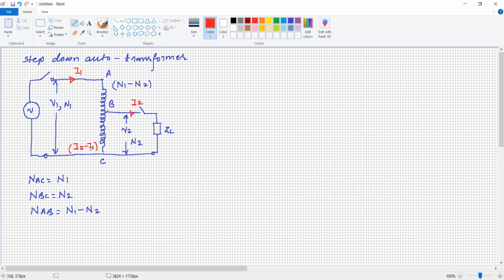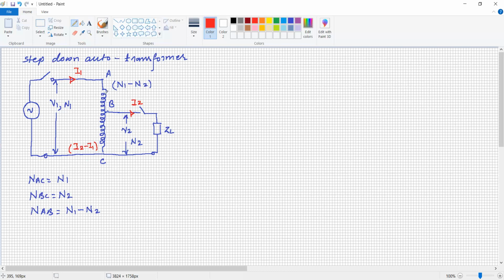One may write I1 minus I2, but it is wrong. The reason is that here it is a low voltage circuit and here it is a high voltage circuit. It is a step down transformer, so definitely the current in the LV winding, which has a low number of turns, is more, and the current in the HV winding will be smaller. So higher current minus lower current, it is just simple.